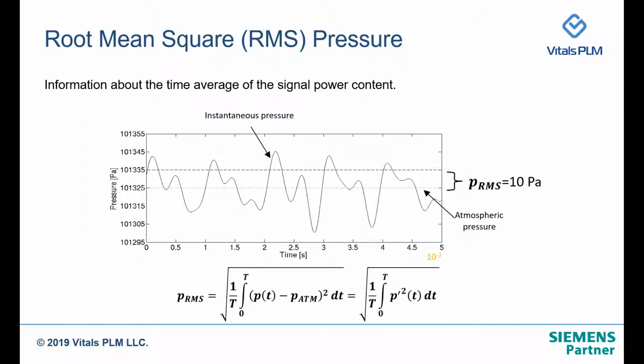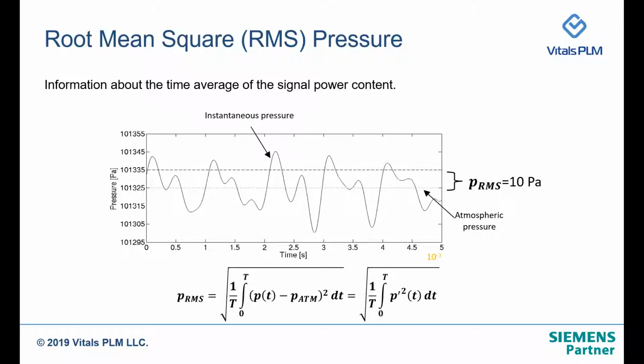By definition, and as the name implies, root mean square pressure is the square root operated on the time average of the squares of the fluctuating pressure, which is given by the difference between the instantaneous pressure and the atmospheric pressure.